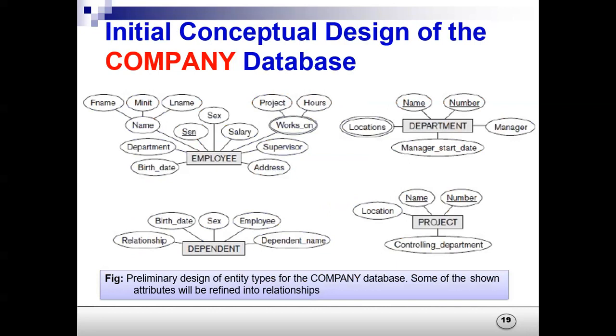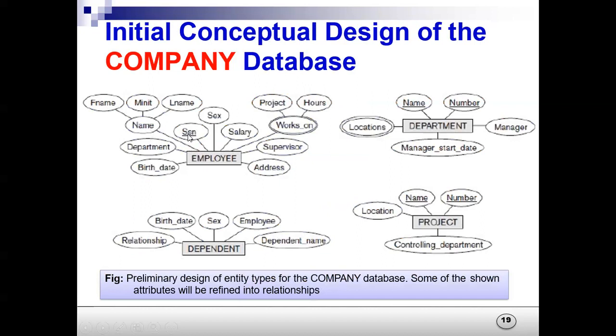So this is the conceptual design. The link is not there, but if you draw the table, it will somewhat look like this for each entity. See, employee has the attribute name, which is a composite attribute composed of first name, middle name, and last name.